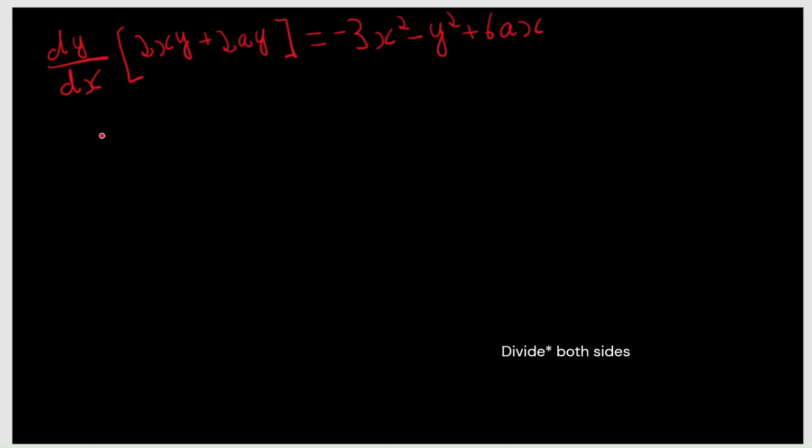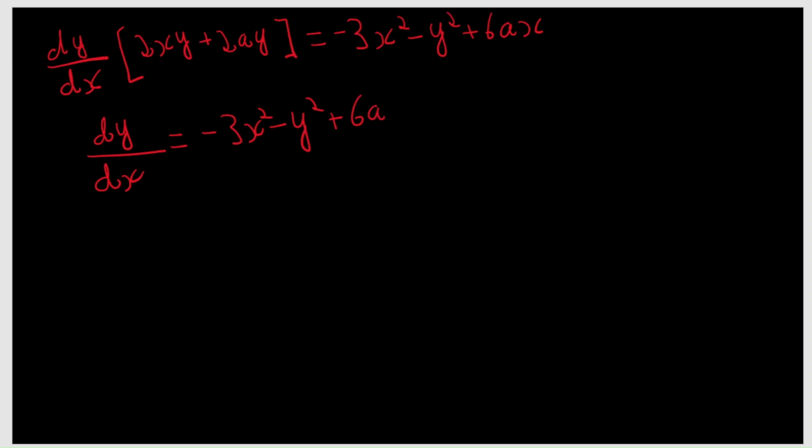We get dy over dx is equal to minus 3x square minus y square plus 6ax over 2xy plus 6ay.